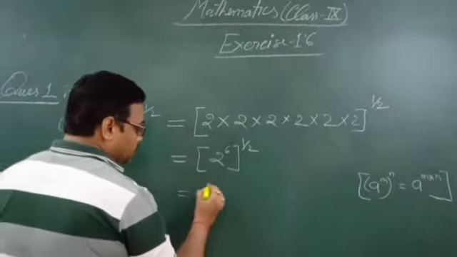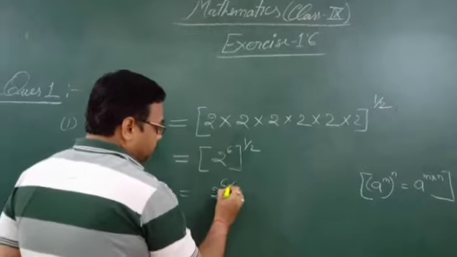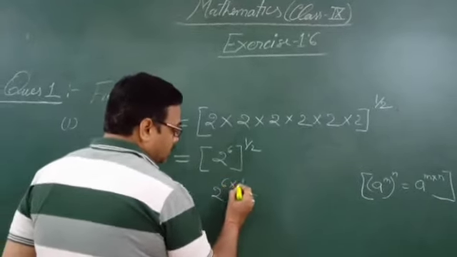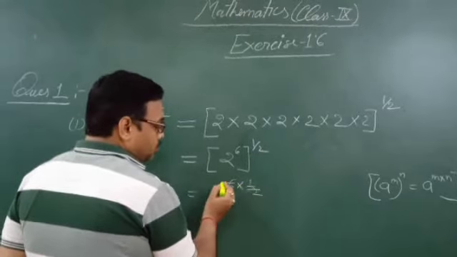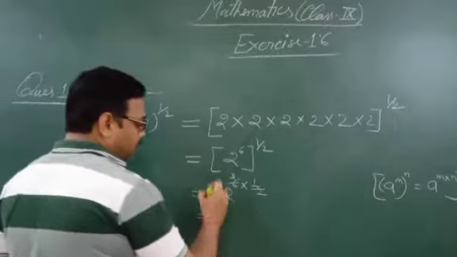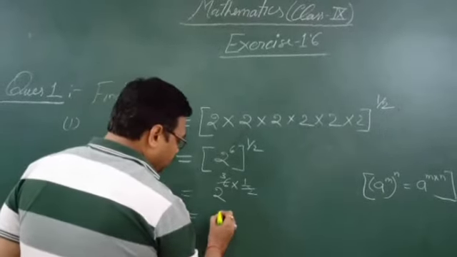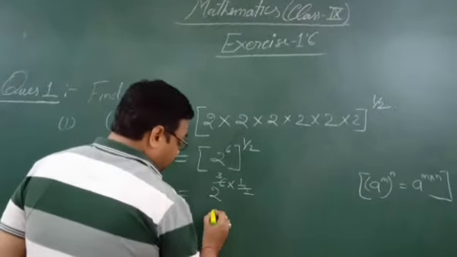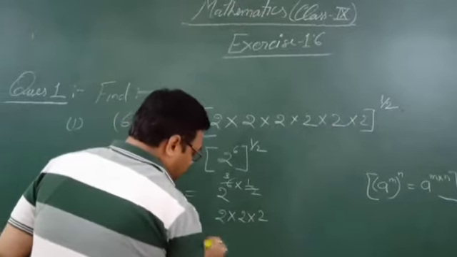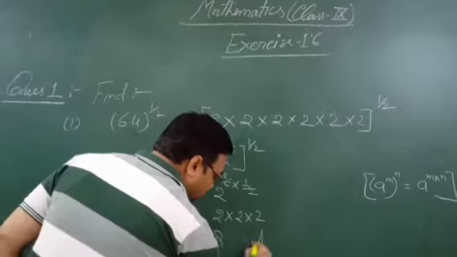According to that rule, you will write 2 to the power 6 into 1 upon 2. Now by this 2 you will divide the 6, you will get power 3. So 2 to the power 3 means 2 into 2 into 2, or you can write it 8. This is your answer.